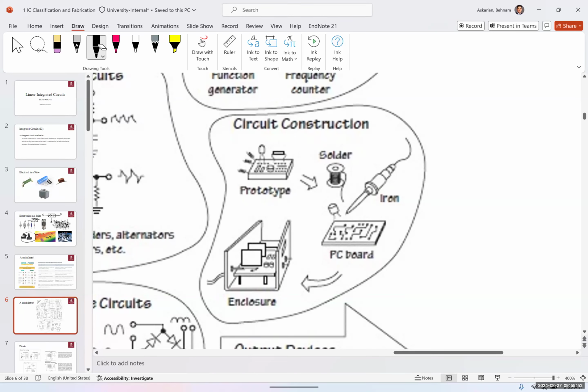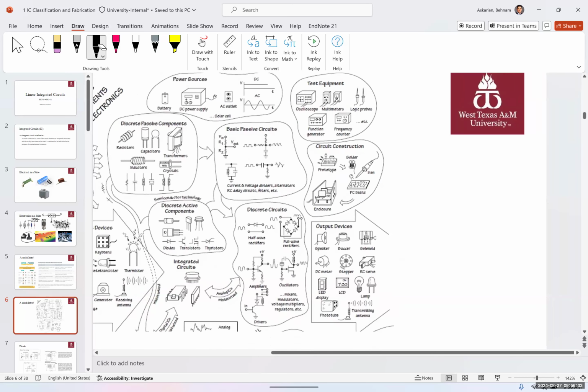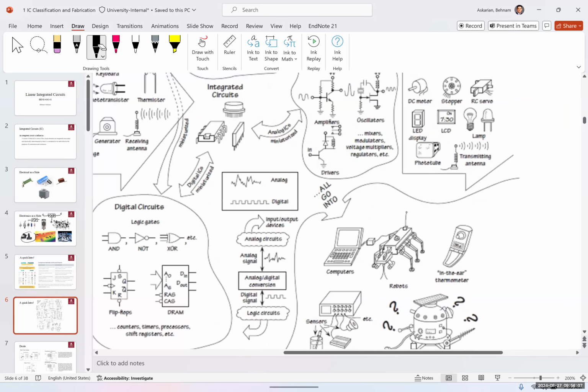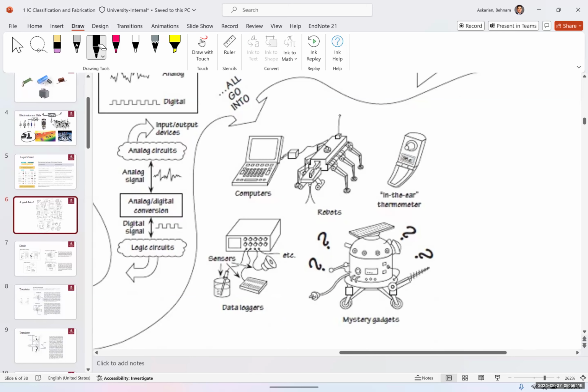Then we will go on a PCB board or printed circuit board, and finally would be the finishing and the casing and an enclosure of that. And all of that could go into a smartphone, laptop, robot, medical equipment, testing equipment, and so on.